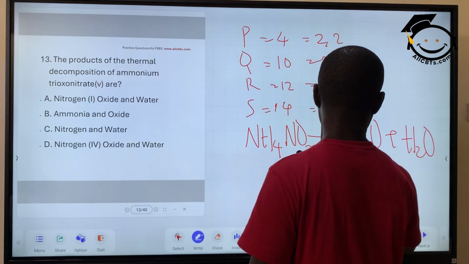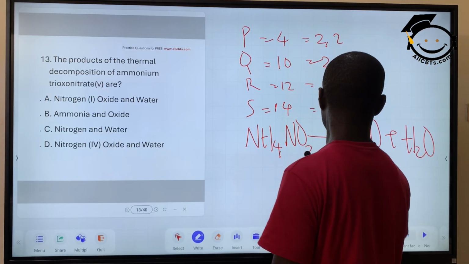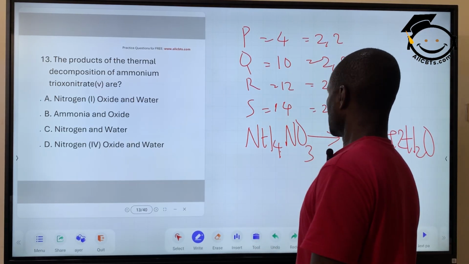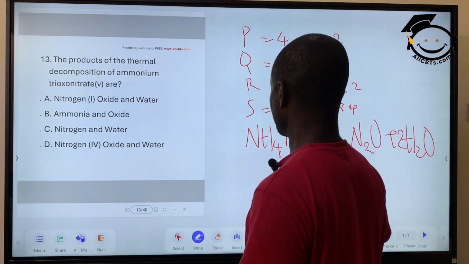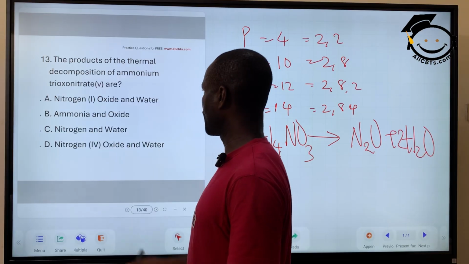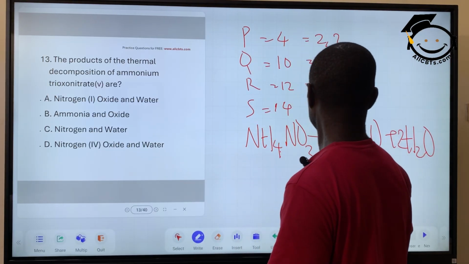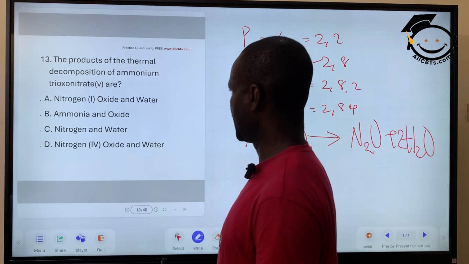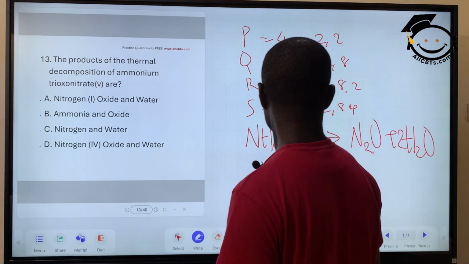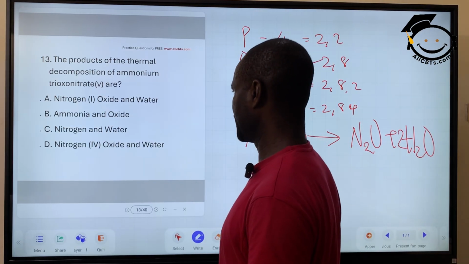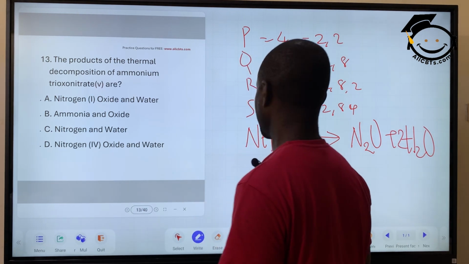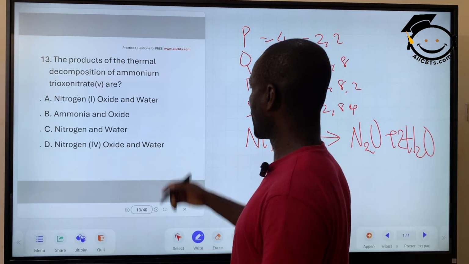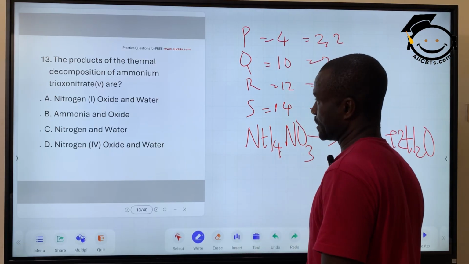Balancing the equation gives you 4 hydrogen, 2 water here. So the product of the decomposition of this compound gives you A, nitrogen(I) oxide and water. The other options are ammonia and oxide, which is not here, nitrogen and water, nitrogen(IV) oxide and water. The correct answer is A, nitrogen(I) oxide and water, as you can see.